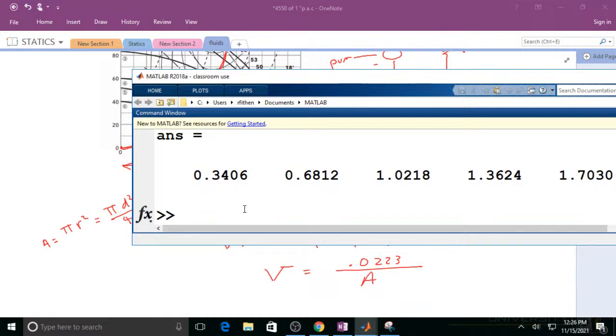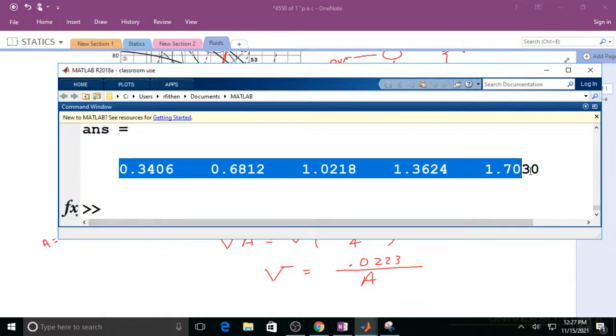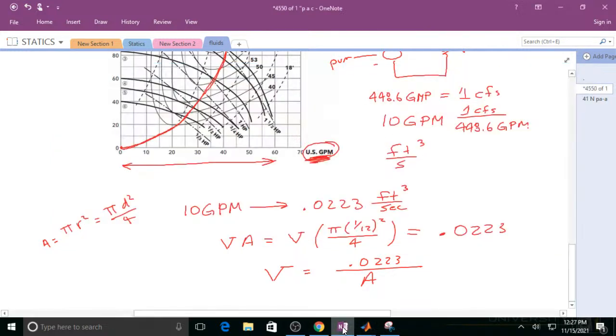in feet per second. Okay, so I'm going to take the first one, or shoot, I only have 5 of them. So this was equivalent to, on the drawing, taking the value here, here, here, here, and here.